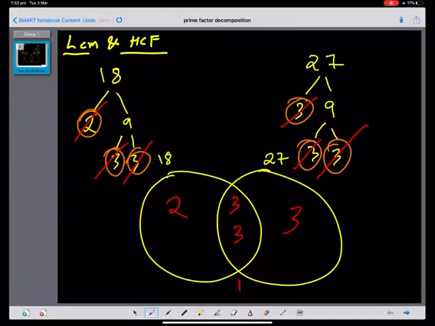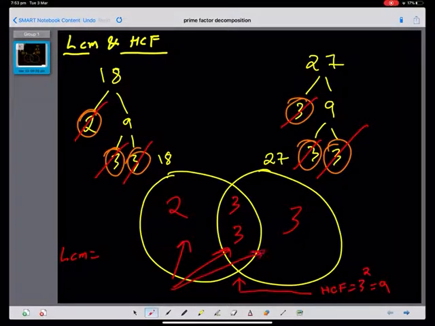The highest common factor is always the intersection, which is 3 squared, which is 9. And that works, because 18 divided by 9 is 2, and 27 divided by 9 is 3. And the lowest common multiple is everything multiplied: this, this, and this.